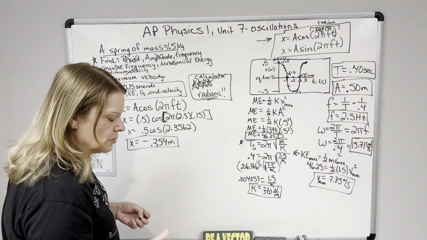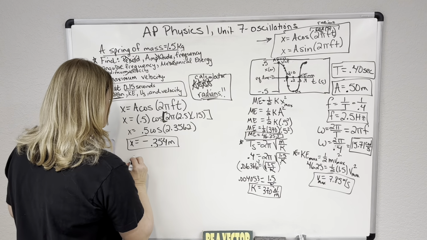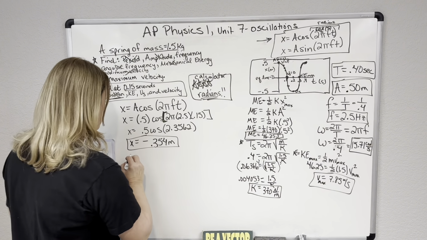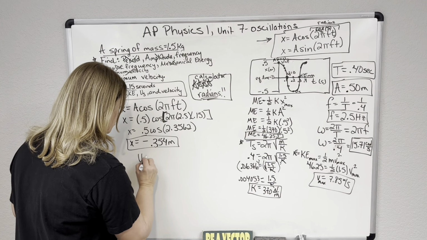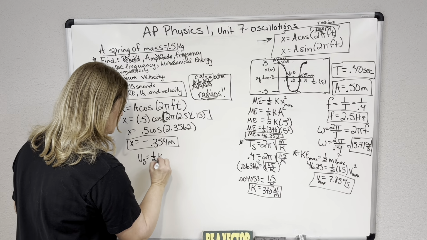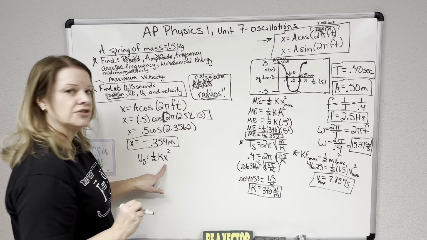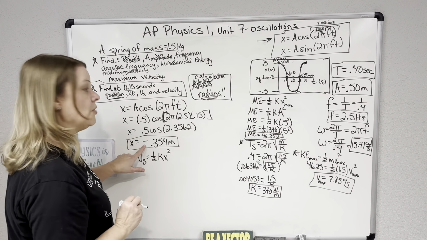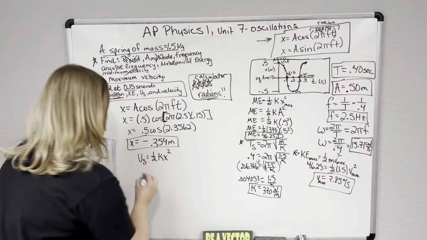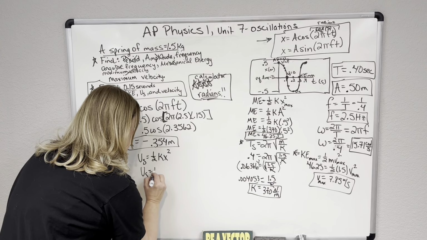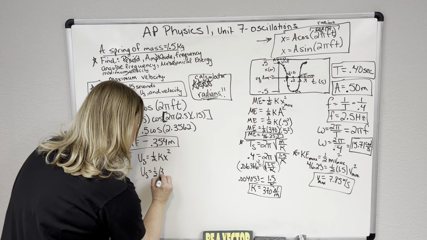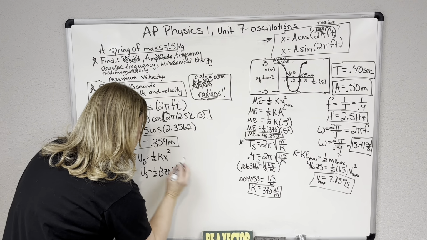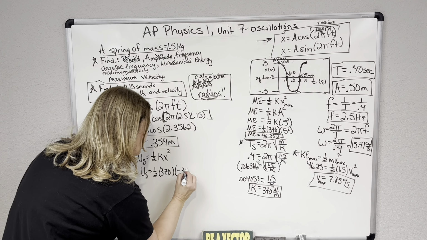Now they want the kinetic energy, the potential energy, and the velocity. The next thing we're going to do is potential energy. The potential energy of a spring is 1/2 my spring constant times the distance stretched or compressed squared. I know my position now, so that potential energy is 1/2 times K, which was 370, times negative 0.354.